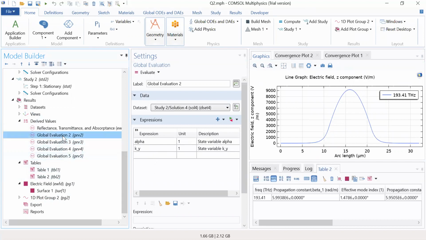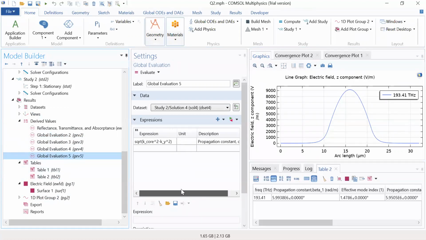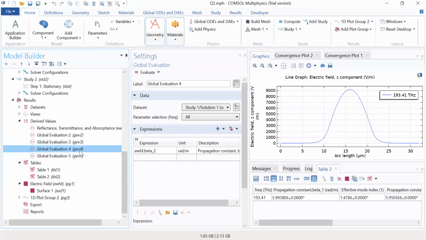You can see in global 2 here is alpha, which gives the solution of the transcendental equation. In equation 5, it gives you the overall propagation constant. But we are interested in global equation 3. You can choose many expressions in this.